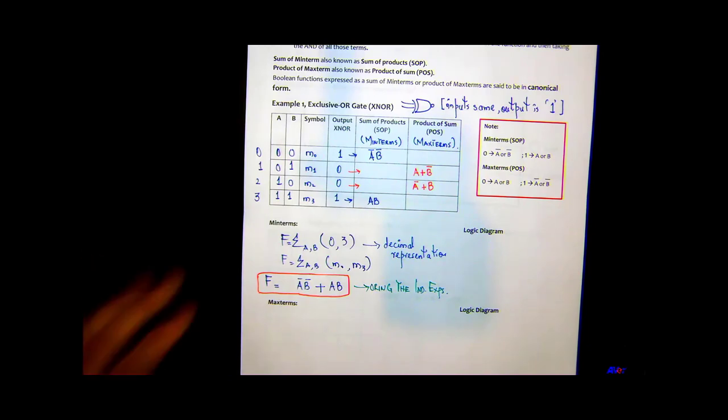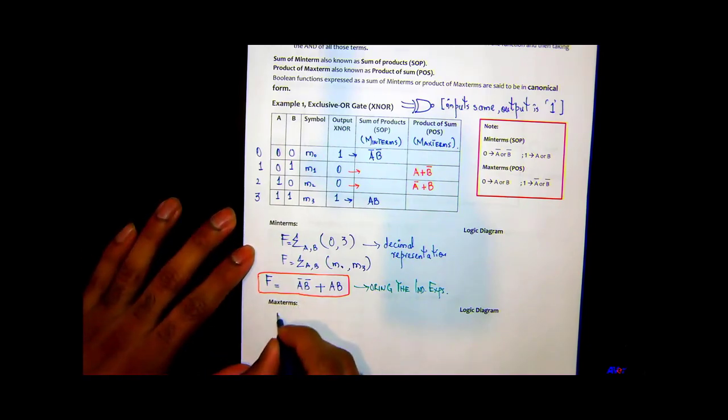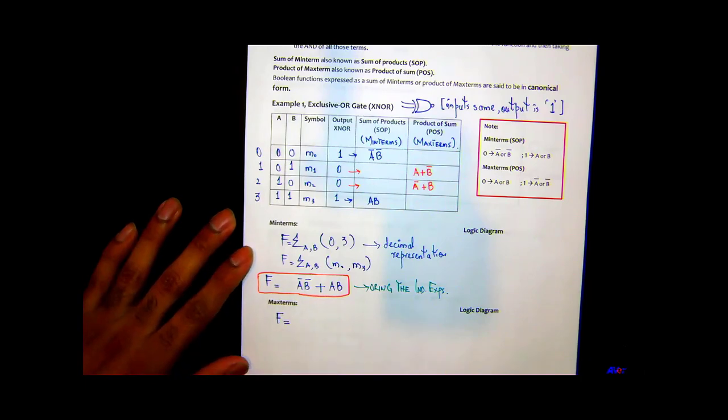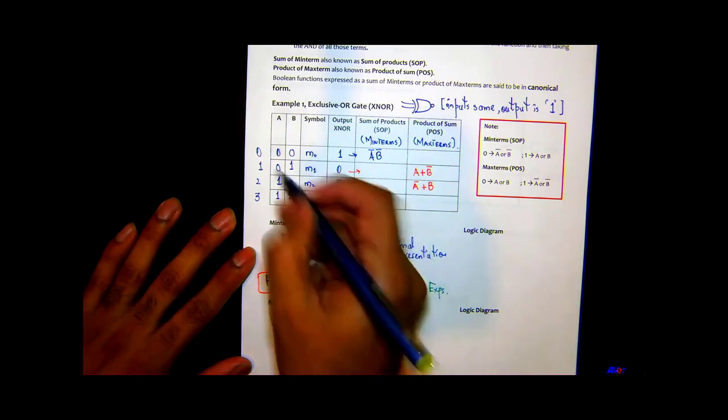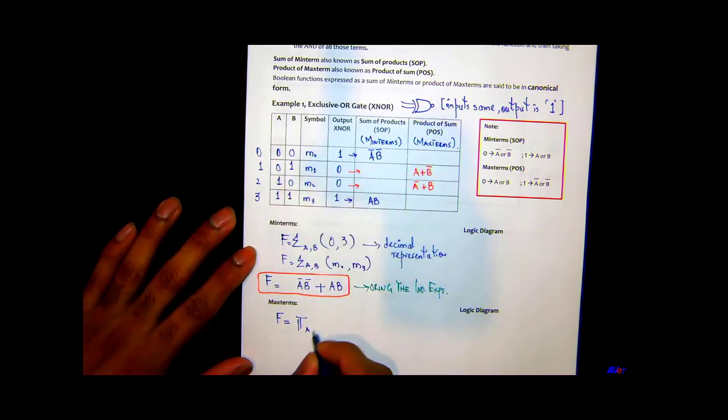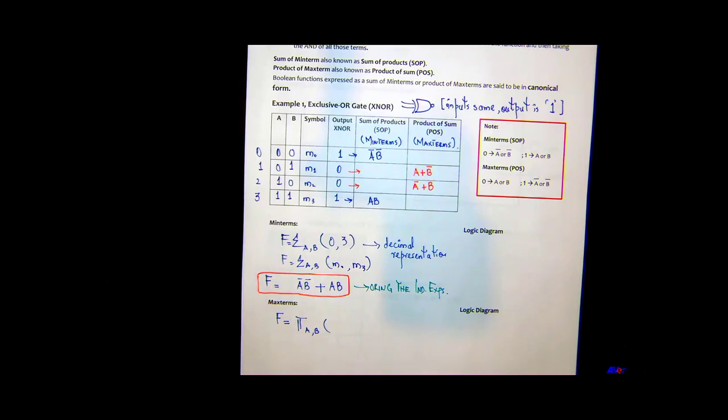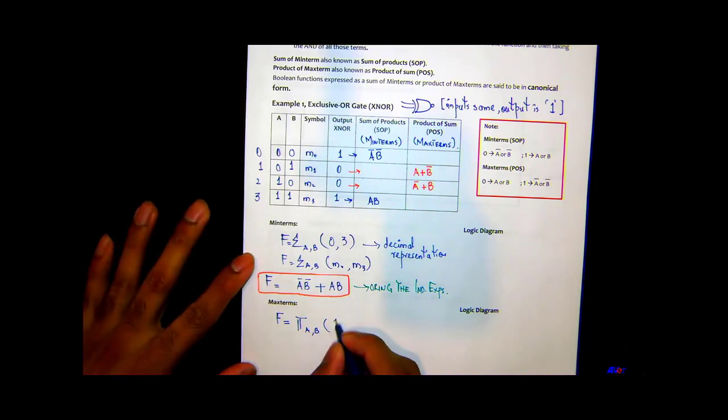Okay, in case of the Maxterm, you replace the summation with this pi sign. Okay, variables are again A and B, and for what decimal values do you have the output as 0 here? 1 and 2. Okay, 1 and 2.